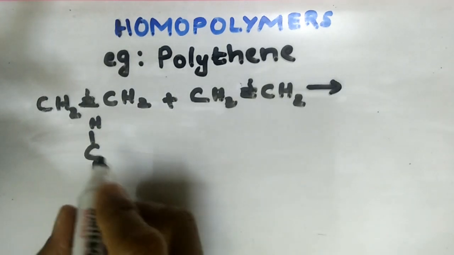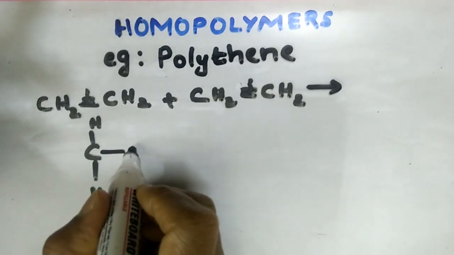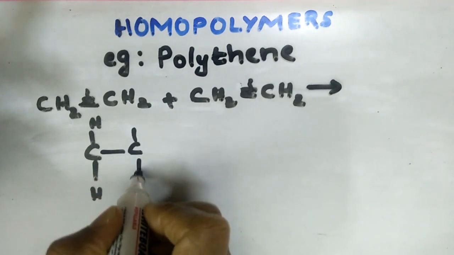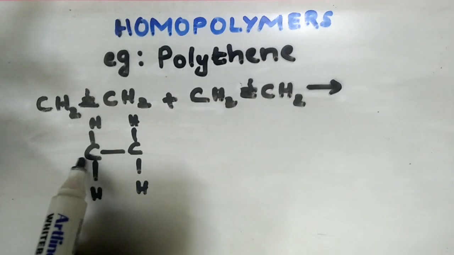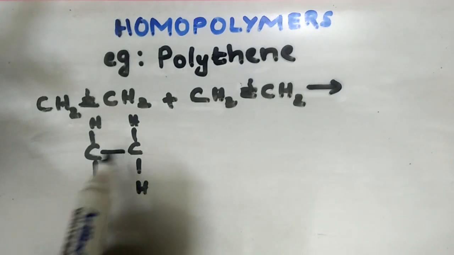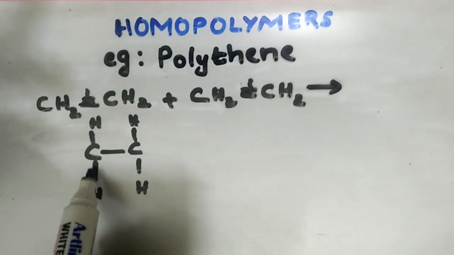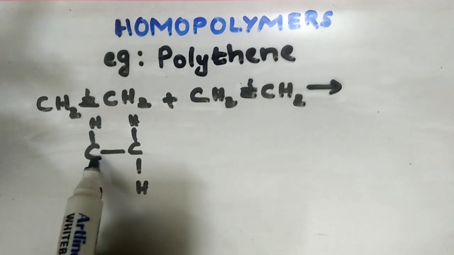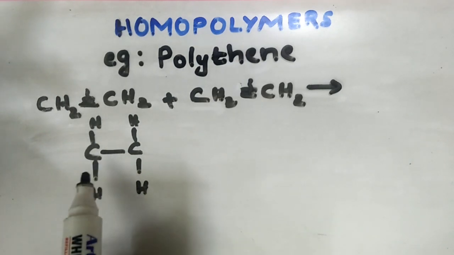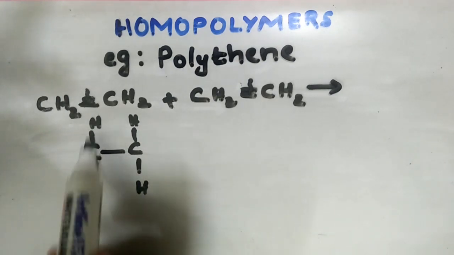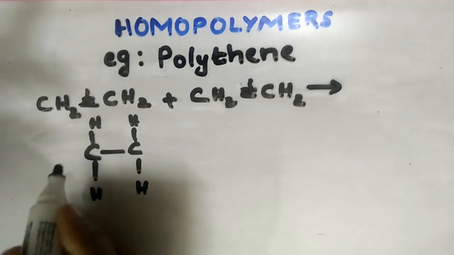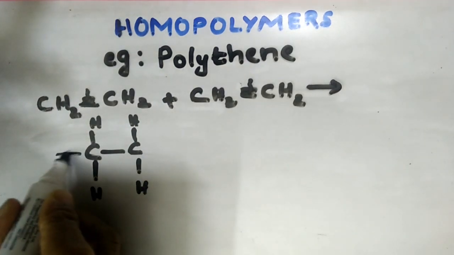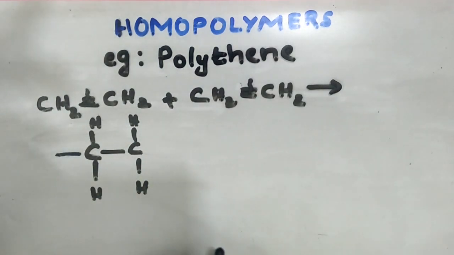So CH2, then carbon-carbon bond C, again H. So what is here? Only 3 valencies. I have shown you only 3 valencies. The 3 valencies of the carbon atom are satisfied with the other 2 hydrogen atoms and with the carbon atom. And we know that carbon has 4 valency, and we have to draw that bond valency here.